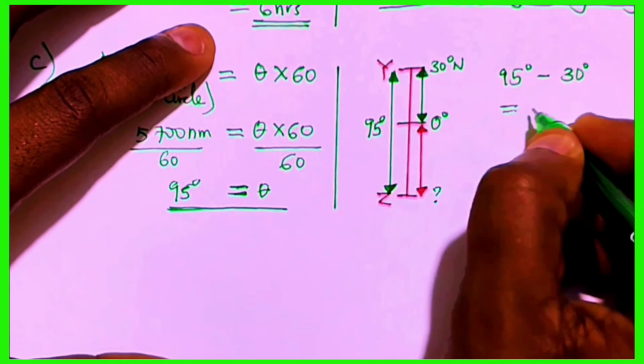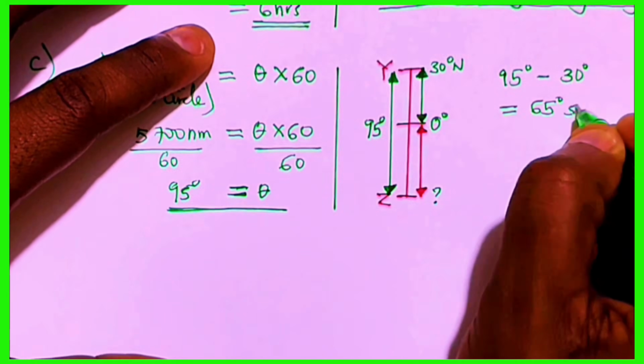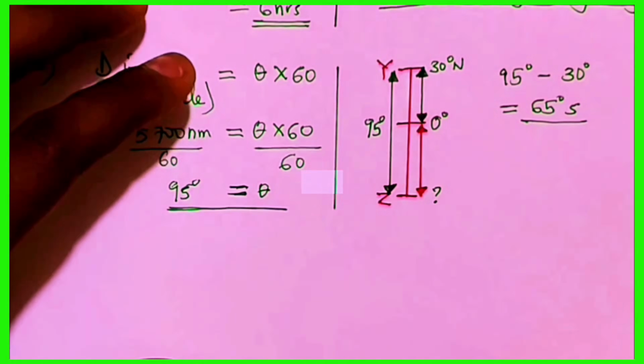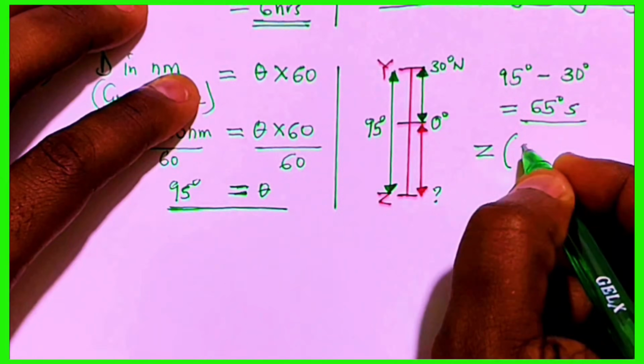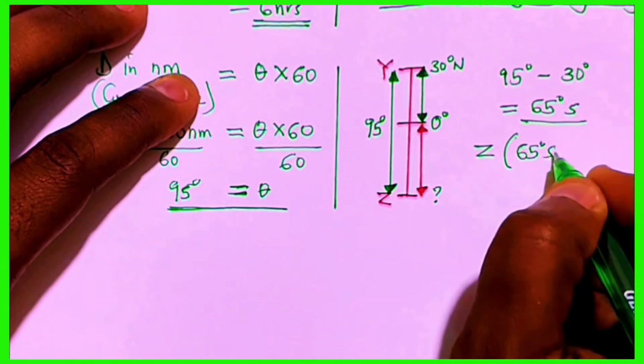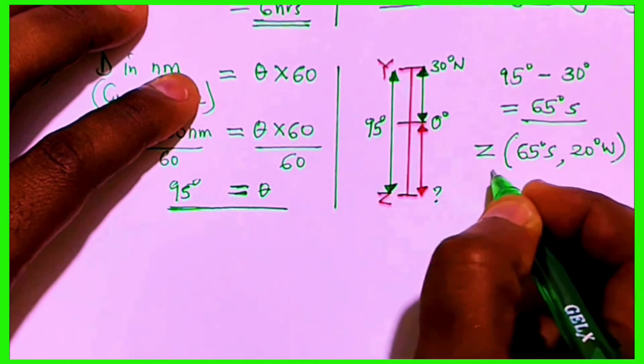So by subtraction here, we are going to get our answer as 65 degrees. So this will be south. By conclusion, we can say that the point Z is on a latitude 65 degrees south and the longitude 20 degrees west.